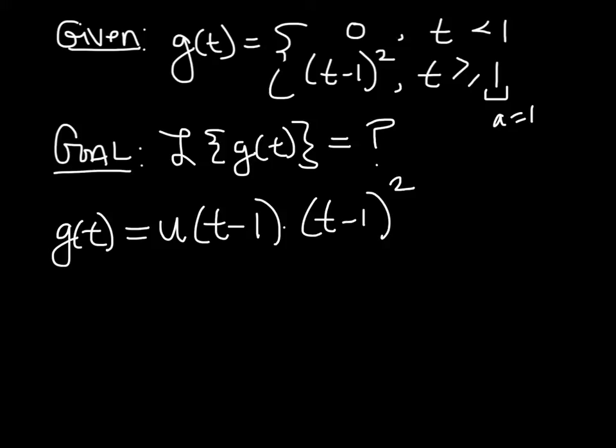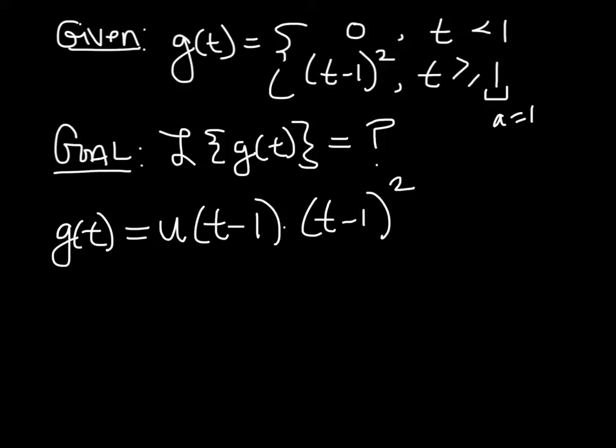Now remember, this is the unit step function, and this function here is a translation of 1 unit to the right of some familiar function that we've worked with in algebra. Hopefully you can see that if I cover that minus 1, we really just get t squared within this function.